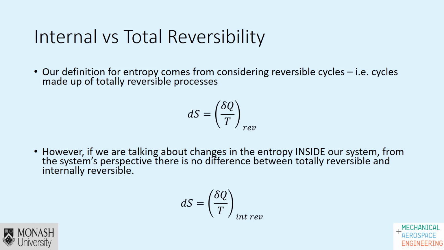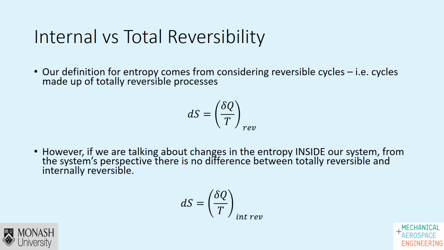When we're talking about a thermodynamic variable, whether it be entropy or pressure or temperature, we're only talking about that property inside our thermodynamic system. And if we're only talking about what's happening inside the system, there's no difference between totally reversible and internally reversible. Inside the system, it doesn't care if there's irreversibility outside the system boundaries, only if it's inside the system boundaries.